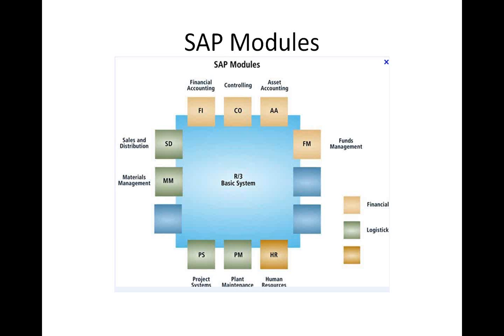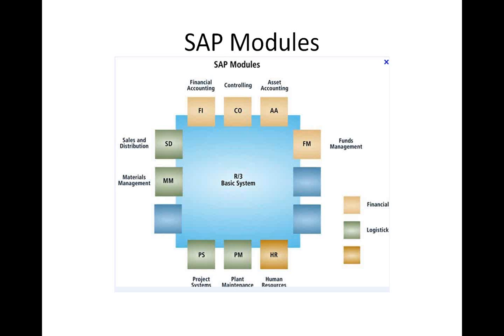Technical persons or the ABAPers, they will do the programming language, and the functional people will gather the business process and explain it to the ABAPers, and they will do the coding depending upon the process, and they will give it to the functional people. The functional people will test whether it is working fine. They know the business process. The ABAPers don't know the business process. They only know what is what, and they will develop the applications and the reports and all those things.